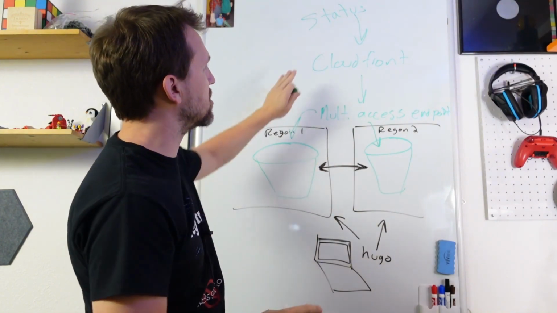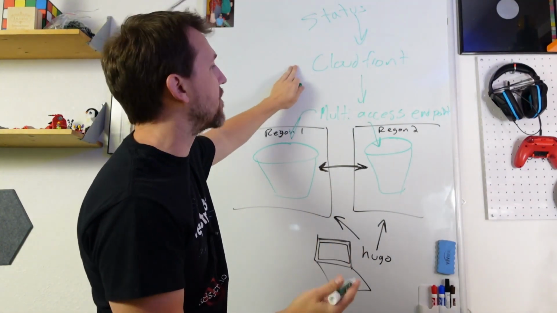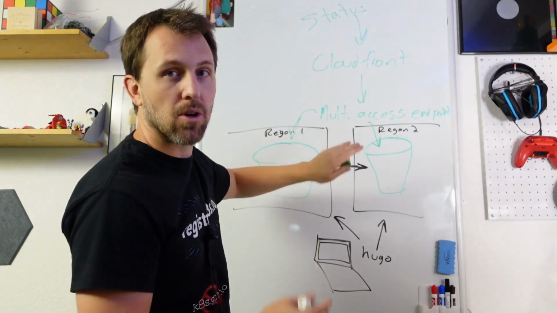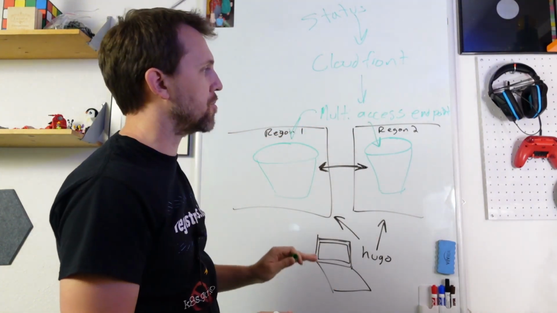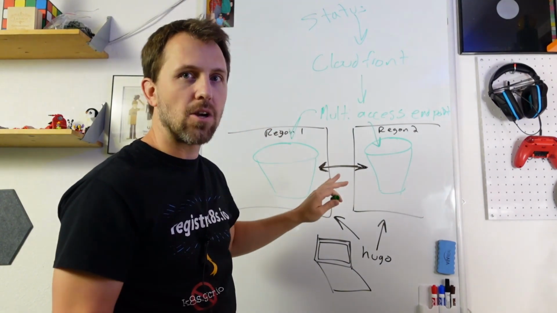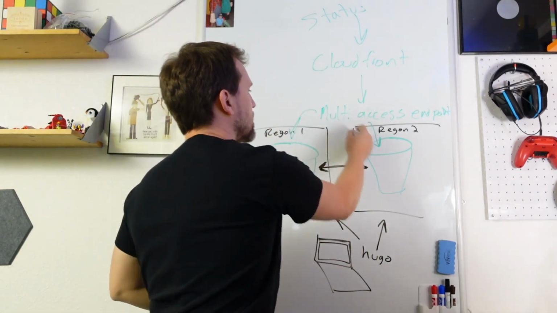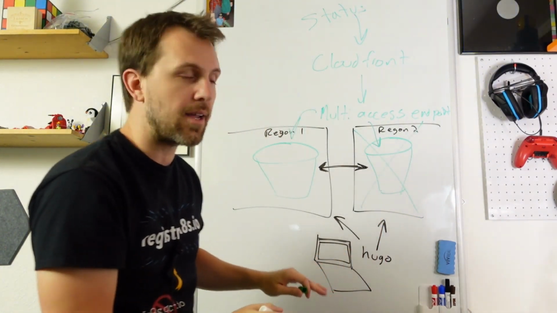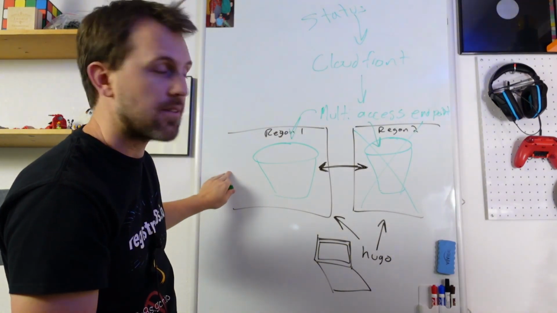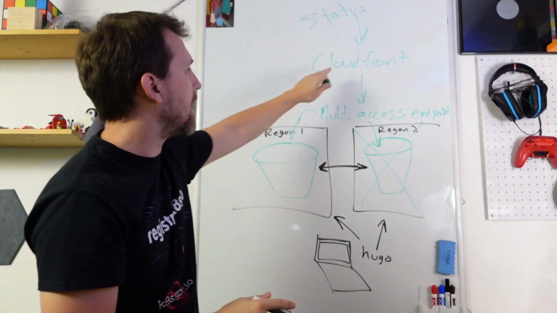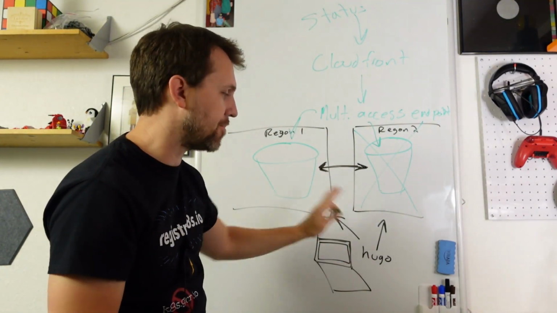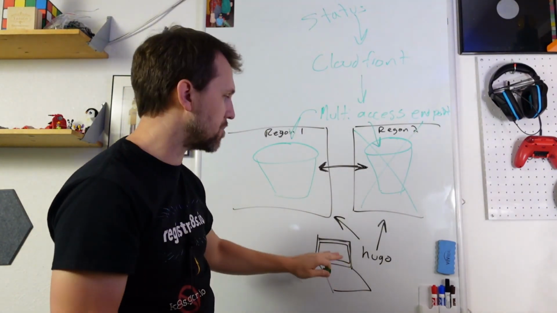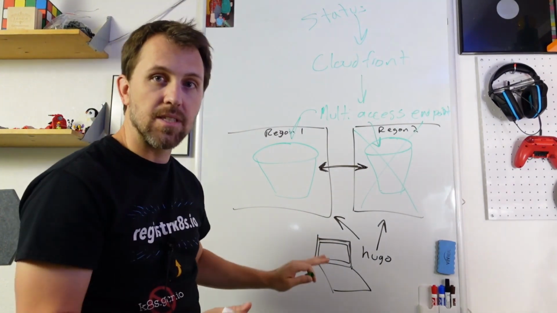Because this is in multiple regions, and CloudFront and multi-access endpoints are globally available, none of these have a single region failure domain. And with cellular-based architecture, it doesn't matter if this entire region goes away, we can still route to this. The status page can be updated from anywhere, at any time, as an engineer needs to push it.